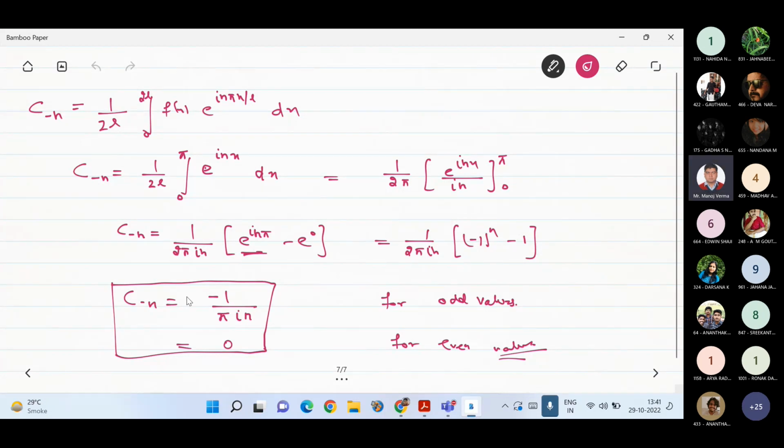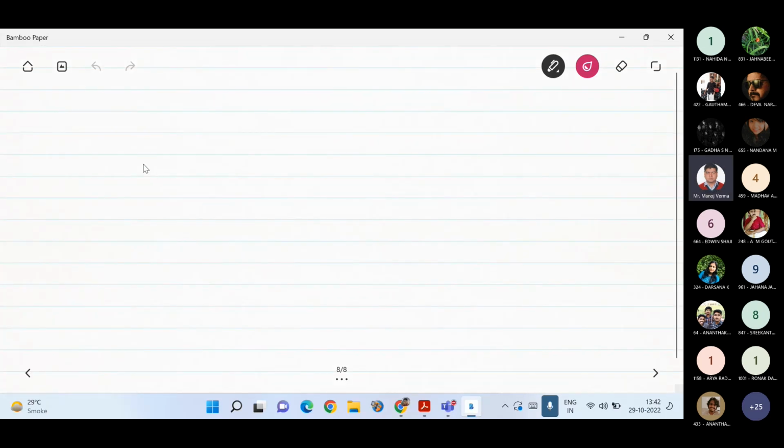But in exam, I think you should calculate both the Fourier coefficients differently, Cn as well as C minus n, and then you have to just show that C minus n is nothing but what we get if we insert minus n instead of n in Cn. In some books, they just calculate a single coefficient Cn, and then they use that to express this Fourier expansion. But I think you should calculate both of these constants.